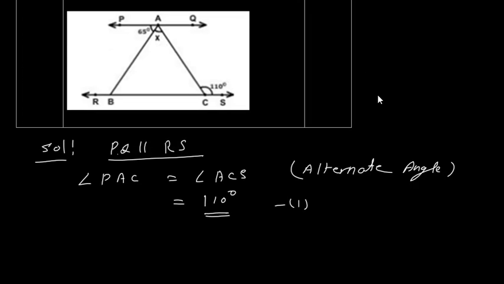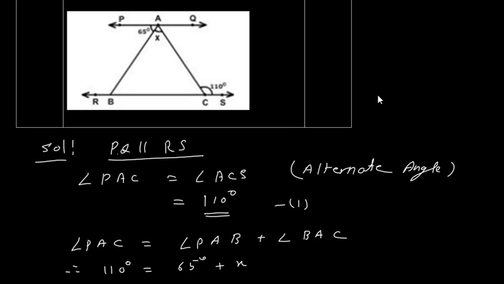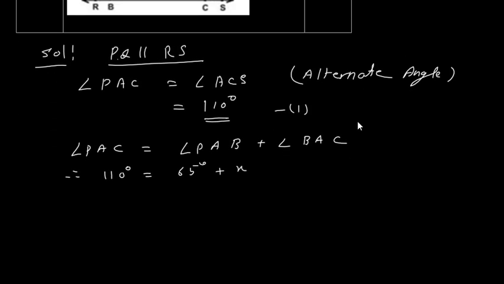Now angle PAC is equal to angle PAB plus angle BAC. So therefore angle PAC is 110 degree. This is equal to angle PAB, 65 degree, plus this unknown value x, which we have to find out.